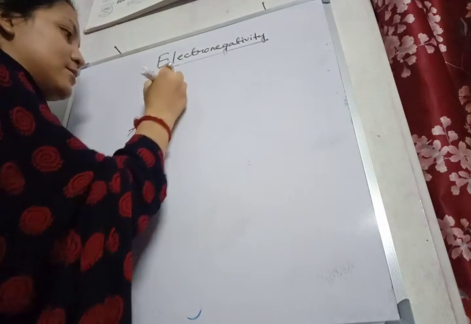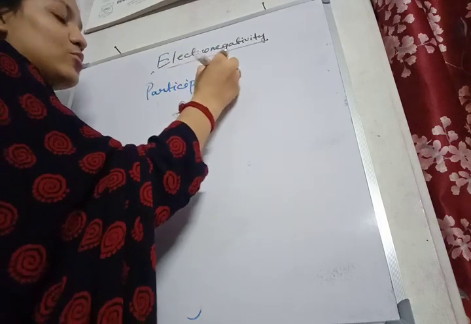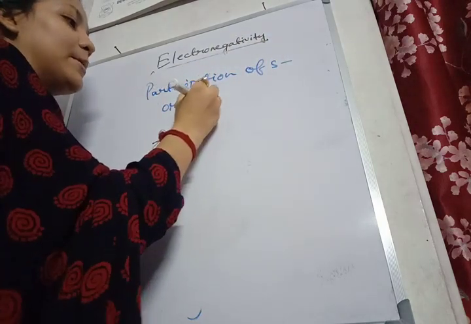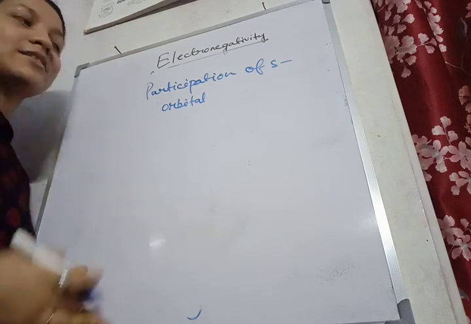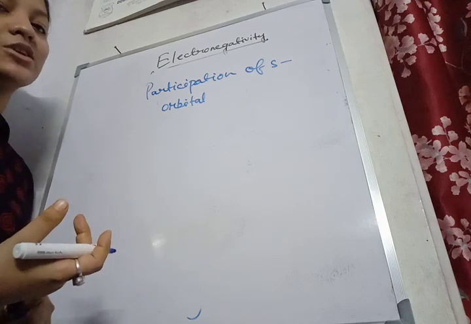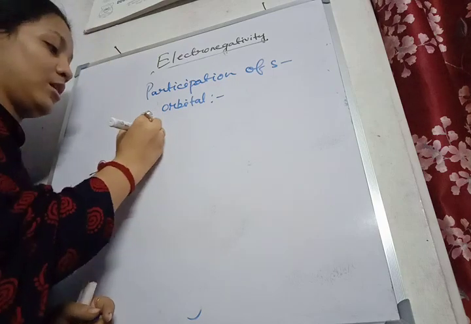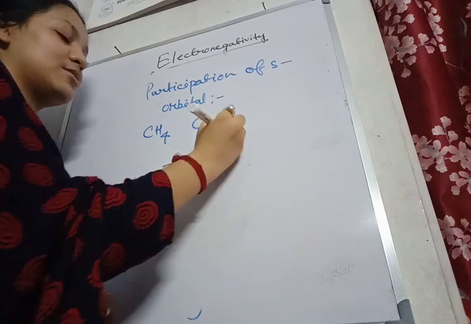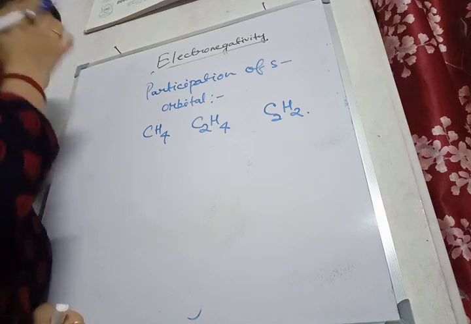The next one we have is participation of s orbitals in hybridization. Now we know that s orbitals have maximum probability to be found closer to the nucleus, right? So if an s orbital is involved in bonding or in hybridization, that will increase the electronegativity of that given molecule or compound. If I take examples of organic compounds, this is methane, this is C2H4, ethene, and this is C2H2, ethyne or acetylene.